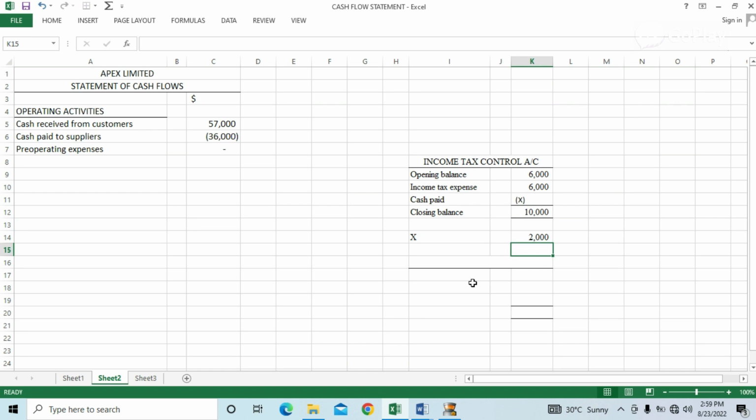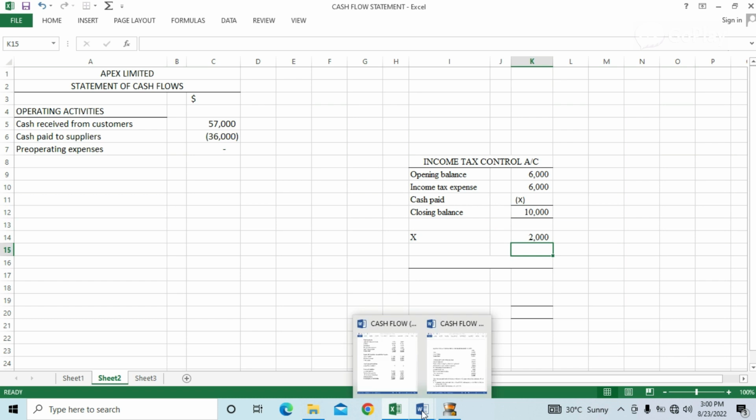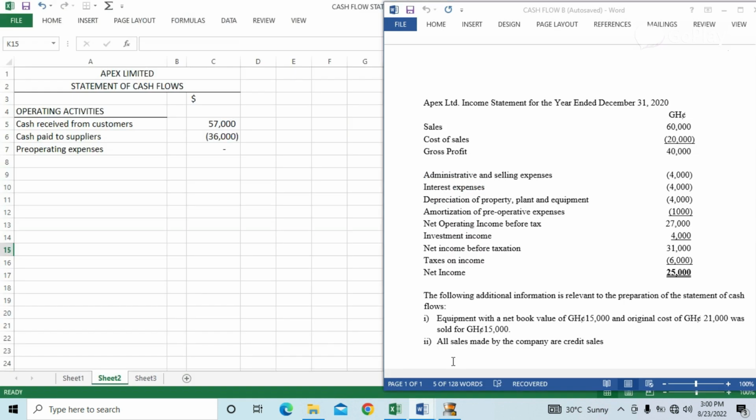So now we are done with the current assets and the current liabilities. Now let's move to the income statement to look at other cash payments that were made but not included in the balance sheet, meaning the organization paid for them in whole as they were incurred.